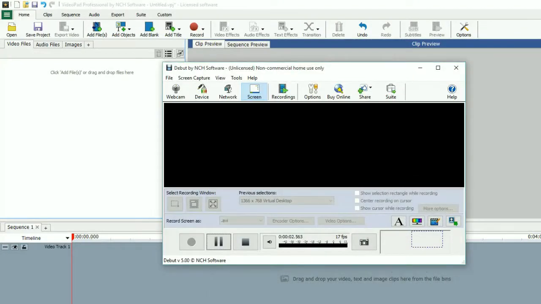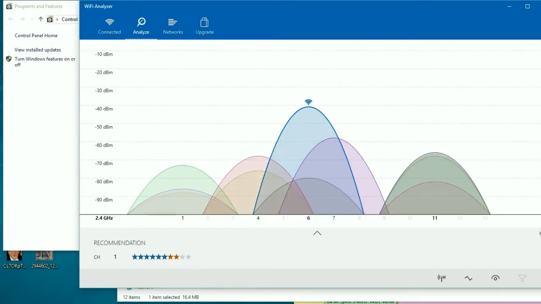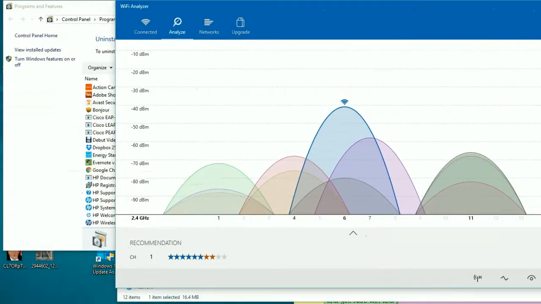Alright guys, I'm going to go over the 2.4 and the 5. The 2.4 and the 5 gigahertz are not the same channels, but once I explain the 2.4, it also coincides with the 5G. Now the 5G doesn't use channels numbered like at the bottom here, 1 through 13.